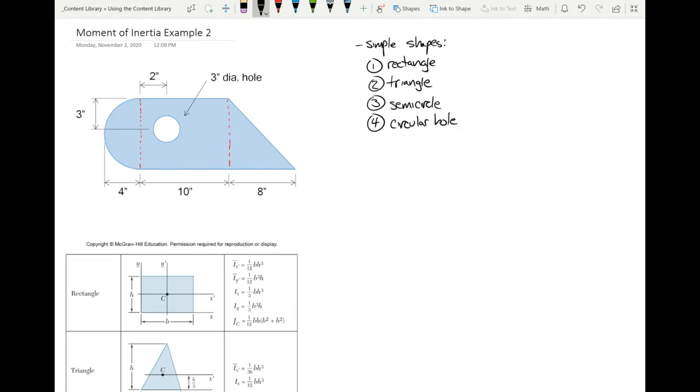Okay, and maybe another thing I ought to do is throw some sign conventions on here. This is probably pretty straightforward at this point. In other words, that's going to be treated as positive area. That's going to be treated as positive area, but that one's going to be negative. Right, the hole. I'm taking material out of the section.